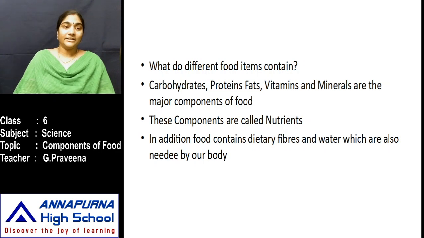These ingredients consist of components and those components are called nutrients. So what are all those components which are present in the food? They are carbohydrates, proteins, fats, vitamins and minerals. So these are the major components of food and these components are called nutrients.